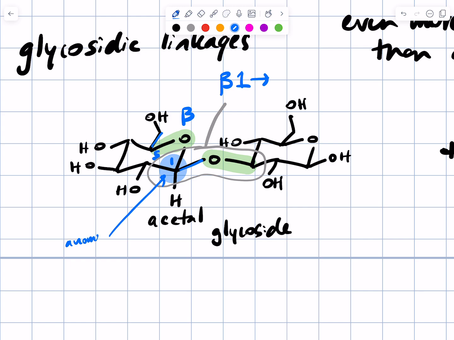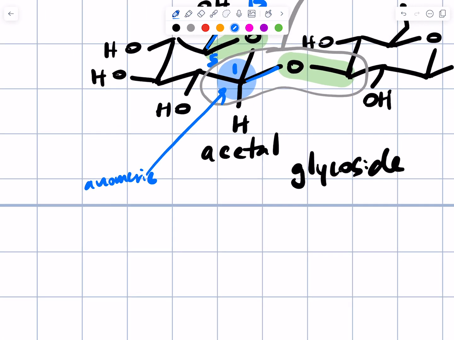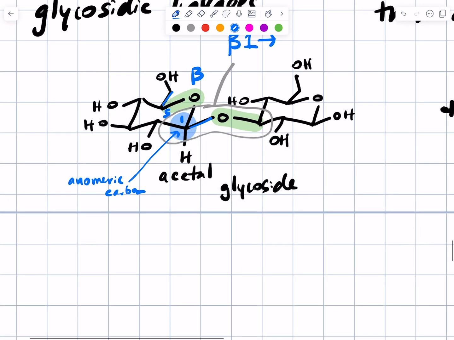So the acetal carbon, the one that used to be the hemiacetal carbon, we will call that, as I said, the anomeric carbon. And it is linked to the C3 hydroxyl of the next sugar.